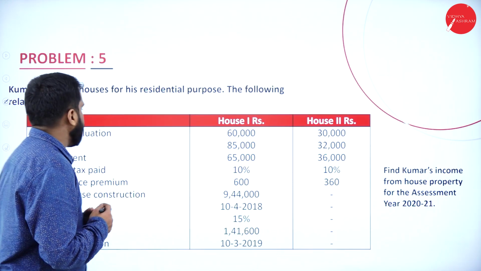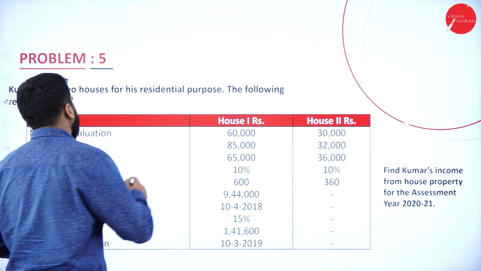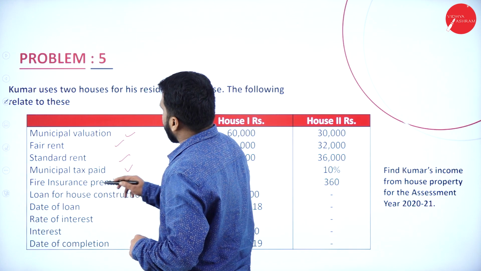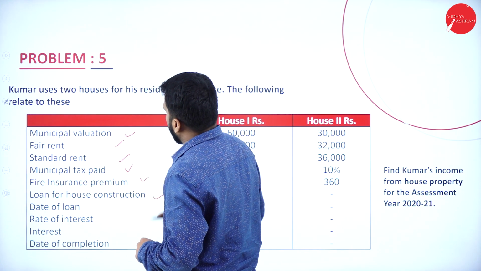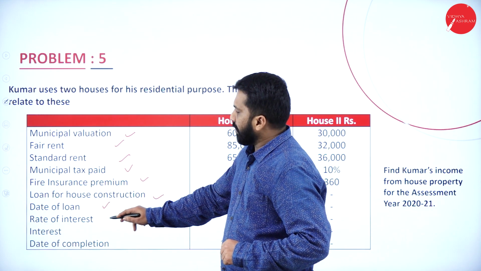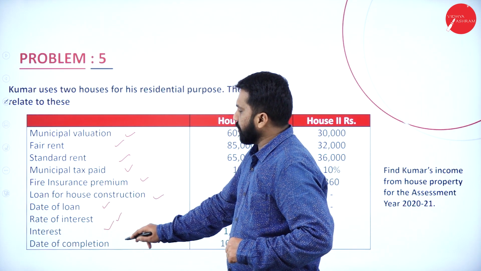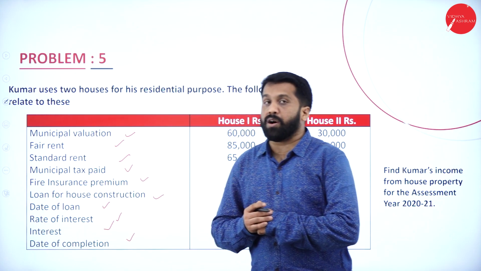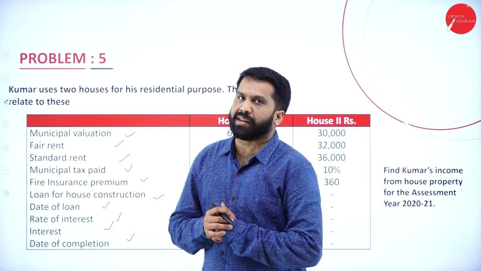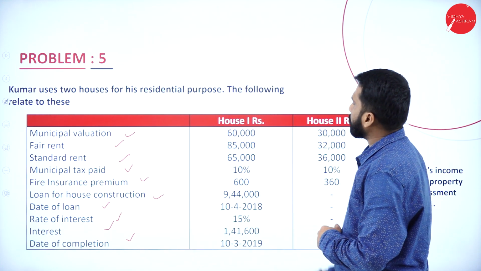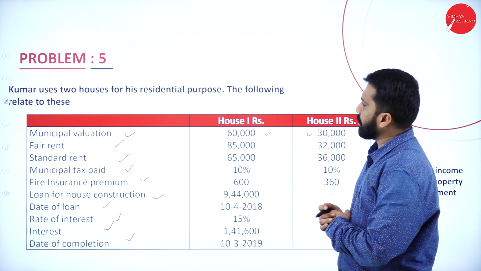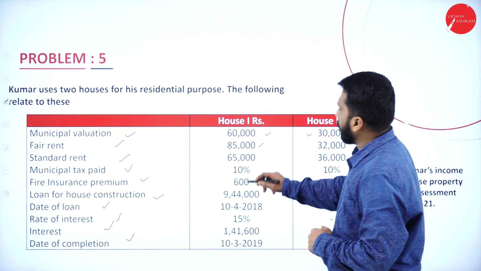In this, we have municipal valuation, fair rent, standard rent, municipal tax paid, fire insurance premium, loan for house construction, date of loan, rate of interest, and the last one, date of completion. These are the informations we have right now. Your municipal valuation we have 60,000 and 30,000. Fair rent we have 85.